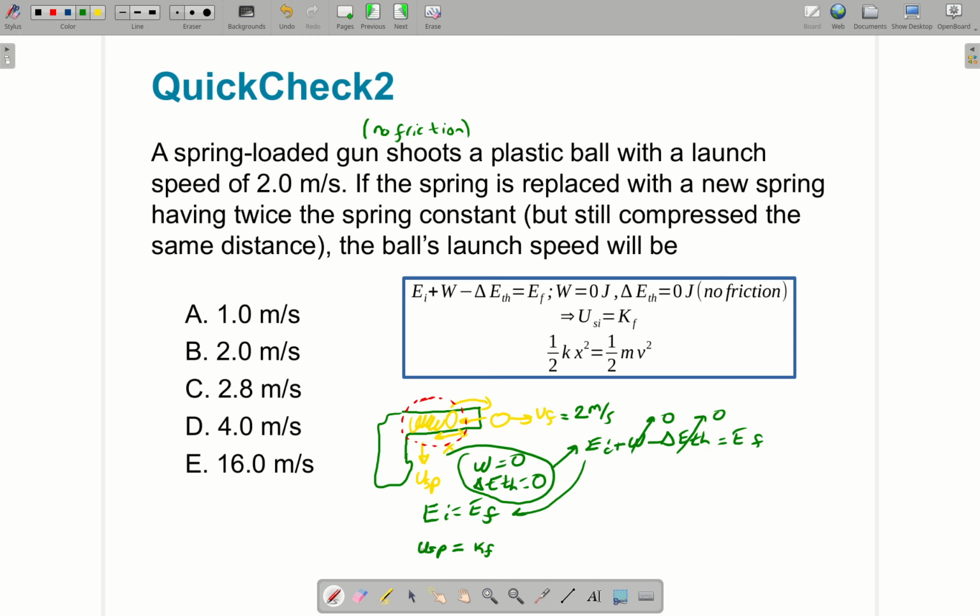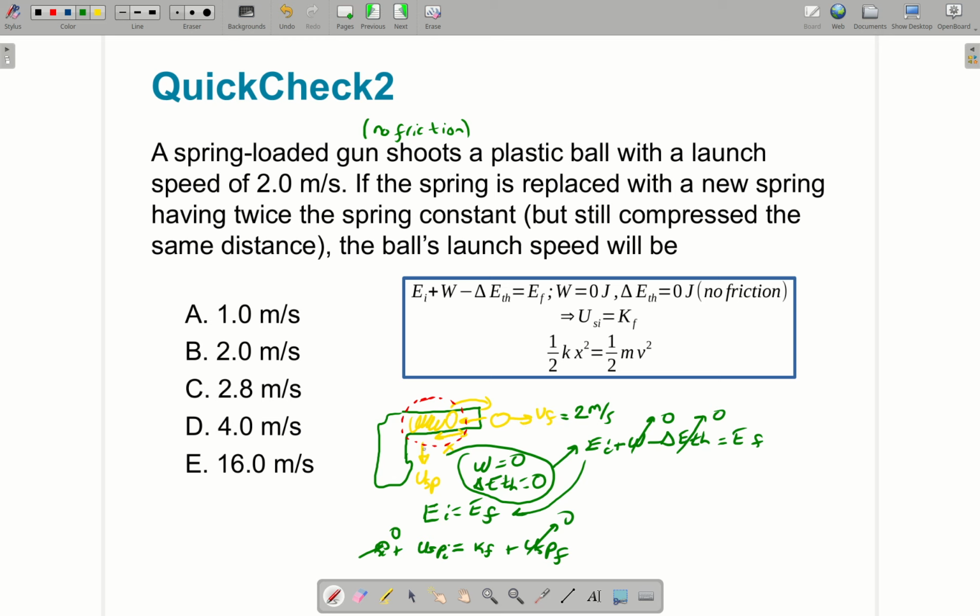Now I could put here U spring initial: K initial plus U spring initial is equal to K final plus U spring final. If I want to be more systematic, set these to 0. But I'm hoping it's pretty obvious to see that initially there is only spring potential energy. Finally, there is only kinetic energy.